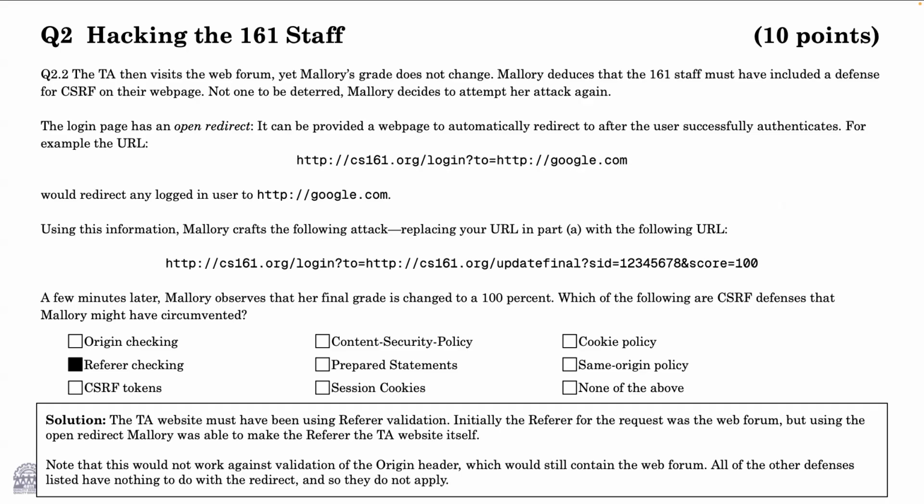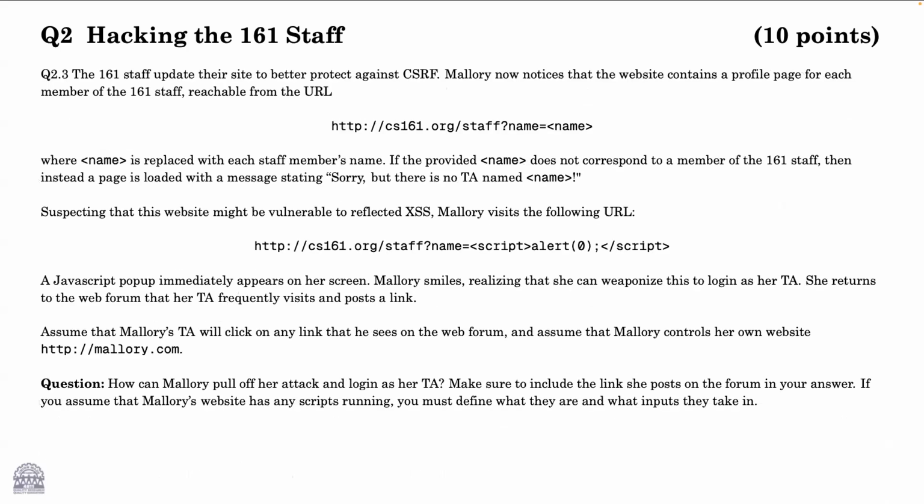The origin here should be CS161.org. So I'll check, but I think these two could have been valid responses. In the meantime, we can move on to the next question.